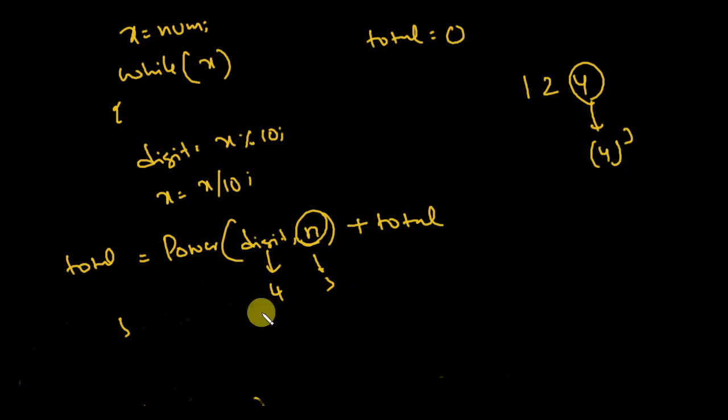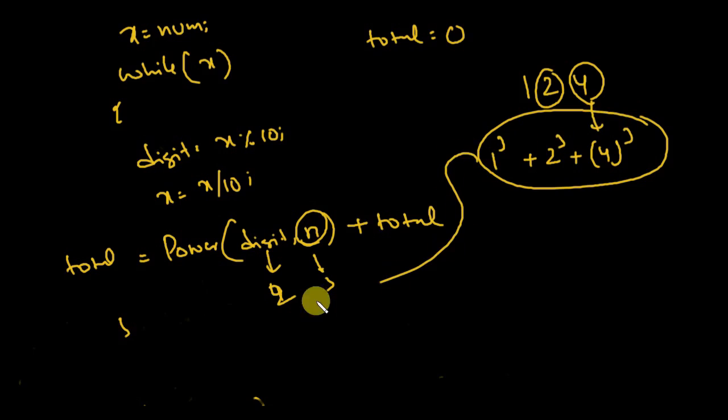After the second iteration, 2 will be taken as the digit, so 2 power 3 plus the total value, which is 4 power 3, plus 2 power 3, and again the next iteration 1 power 3. So this total is stored in the total variable. So now we got the total. Now I have to check whether this number is equal to the given number or not. So I'll write an if condition and check whether it is equal or not.